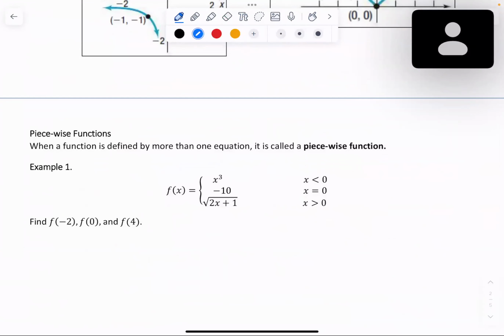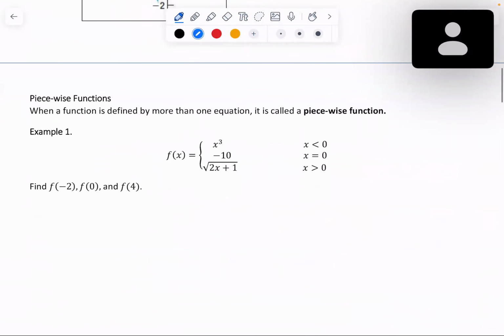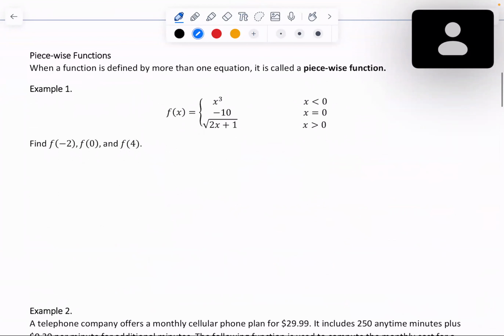But let's see, how do we actually use these piecewise defined functions? So this is on the first page, the second page. It says when a function is defined by more than one equation, it is called a piecewise function. So here in this case, we have 3 pieces: when x is less than 0, when x equals 0, and when x is greater than 0.